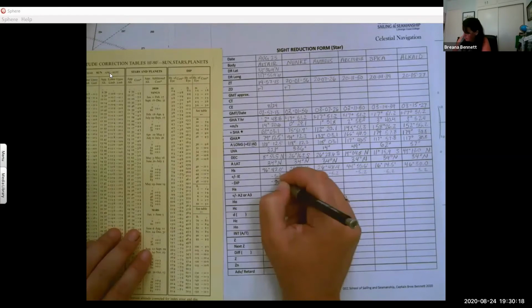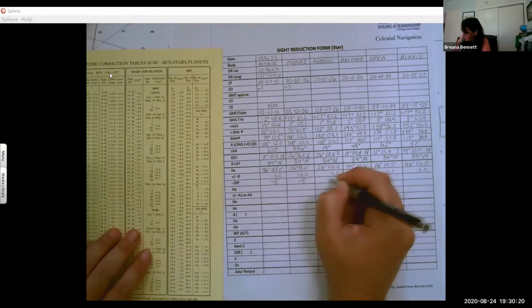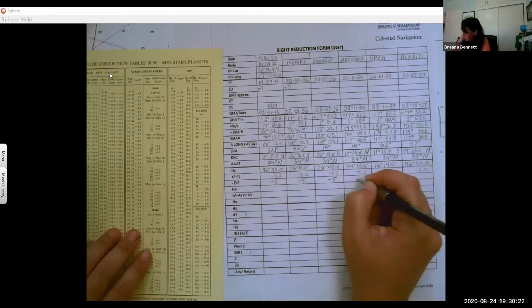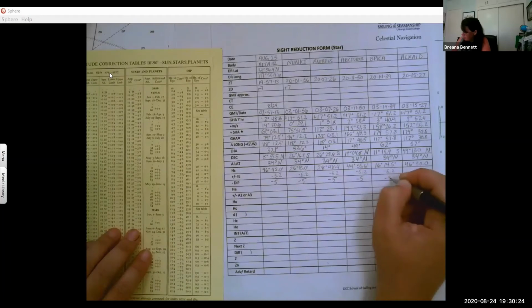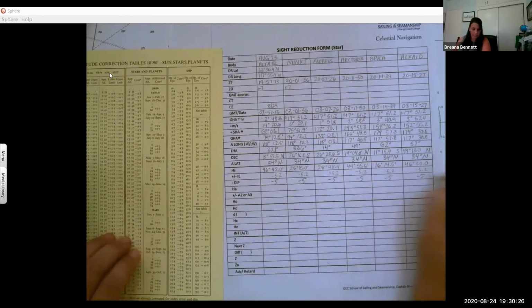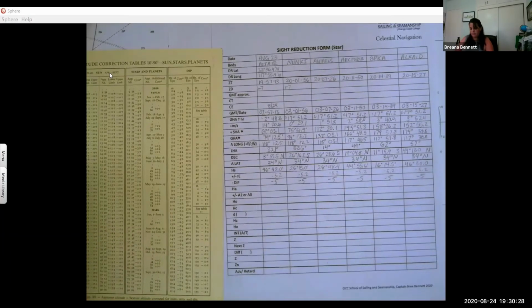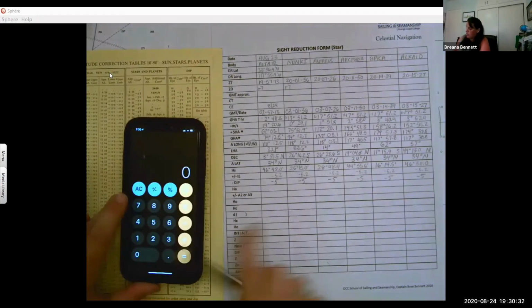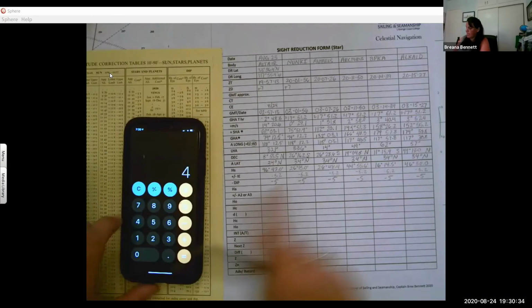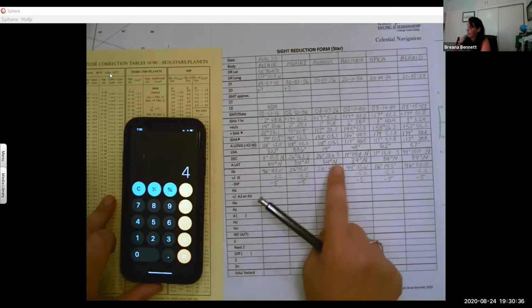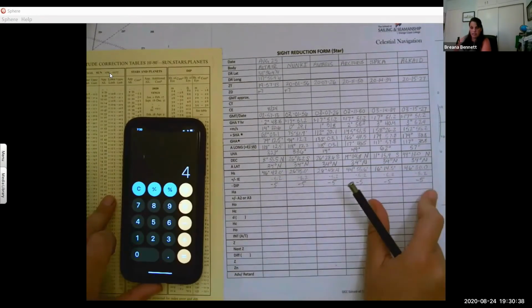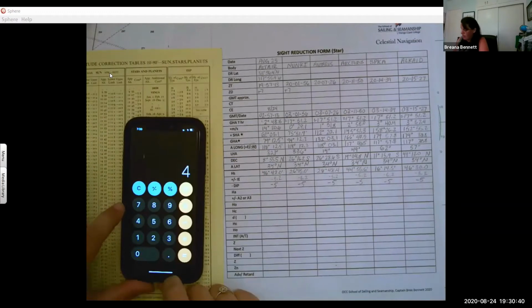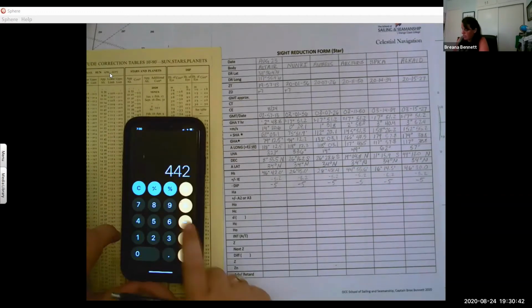Write that in. So now I'm just going to calculate our HA for all of these. So we have 42 minus 5.2 minus 5.